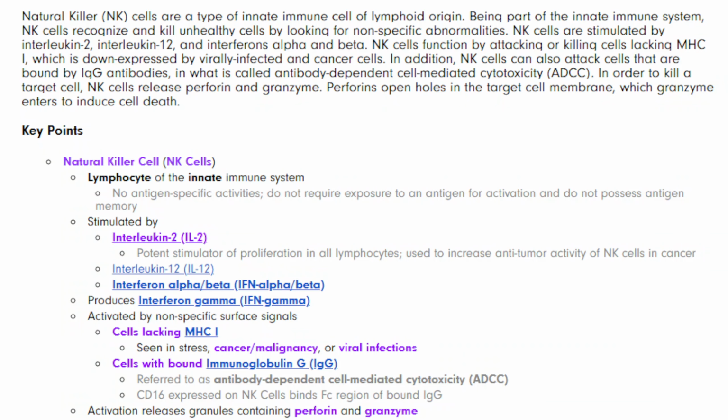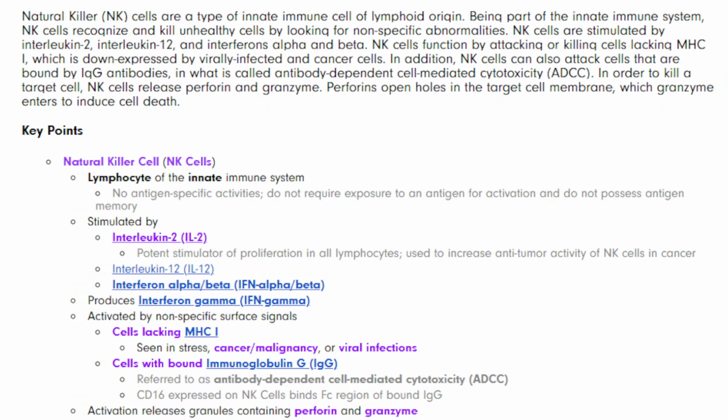So the natural killer cells enhance their function by attacking or killing cells lacking MHC1. So any cell that doesn't show MHC1 is going to be attacked by natural killers.